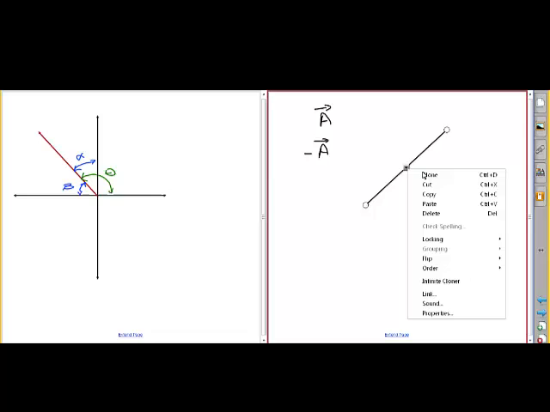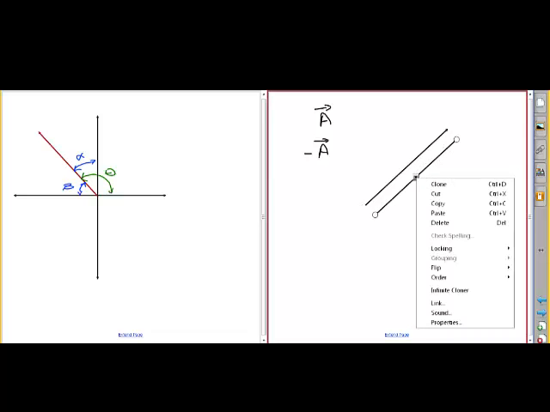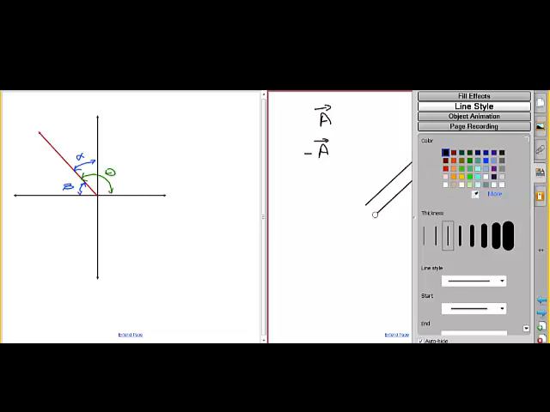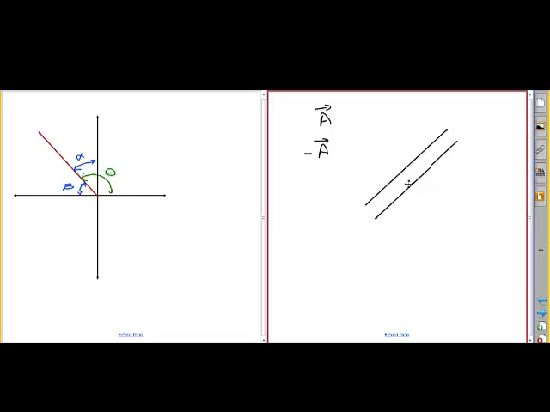But what you do, so let me just clone this thing. So there's the same vector. What you do is you take the arrow and you move it from one side to the other. So basically the sign of the vector is the direction relative to the original vector.